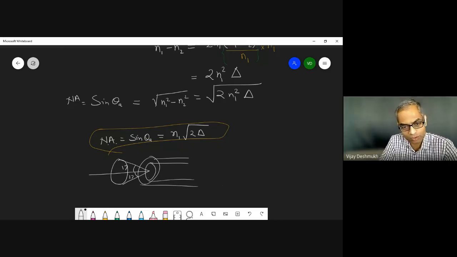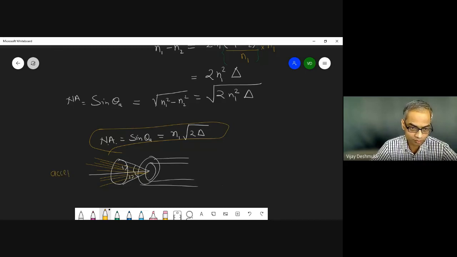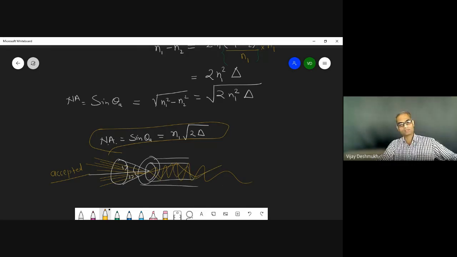So whatever light you insert inside the cone, like this or like this, it should touch this point, okay? So all the light will get accepted. This will be accepted, okay? And it will pass through the optical fiber like this, or like this, whatever it will be, in different modes.